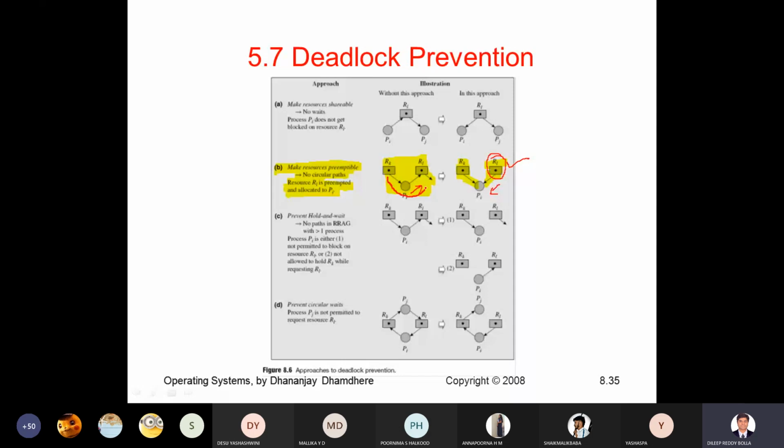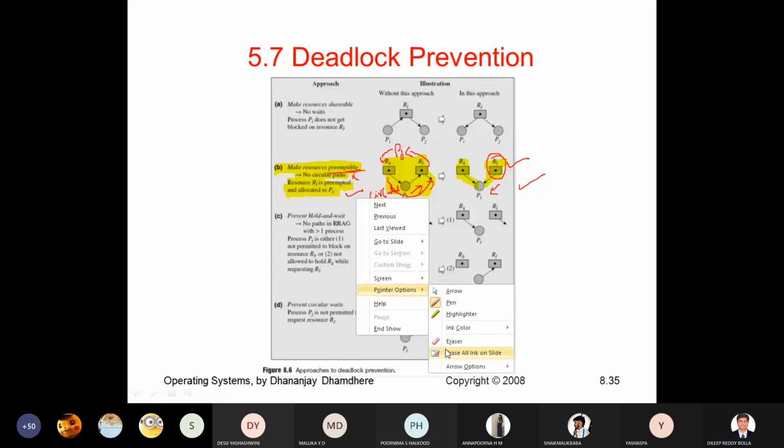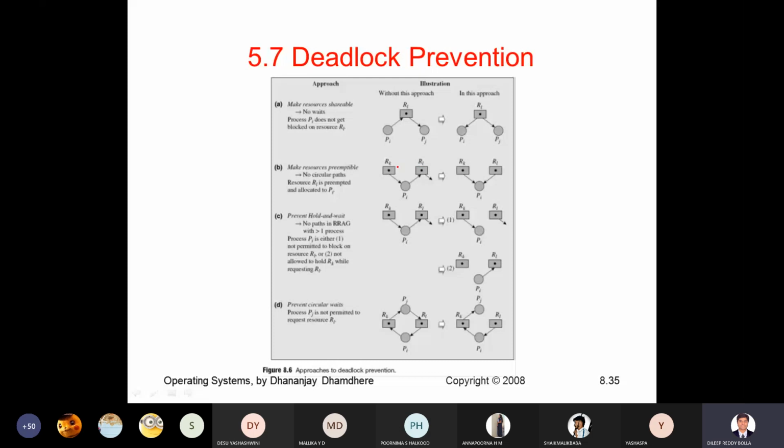If this was given back to someone else, let us say Pj, and that is given back to the resource, it will be making a circular loop. So this circular loop is avoided in this fashion by using the concept of preemptible, so that no circular paths, so the resource is being preempted, and we are able to avoid this kind of deadlock prevention.